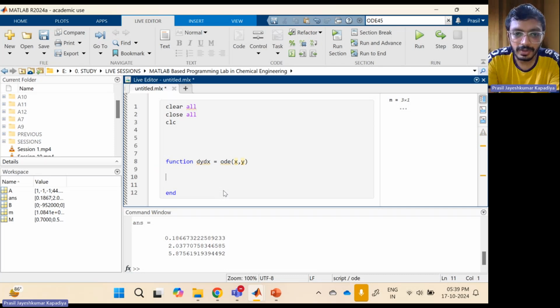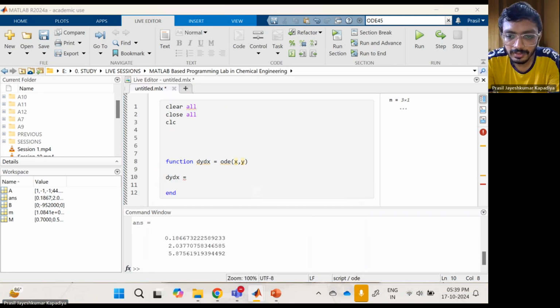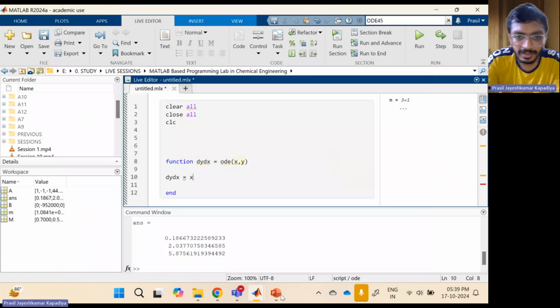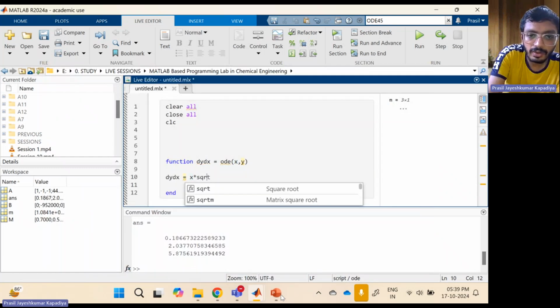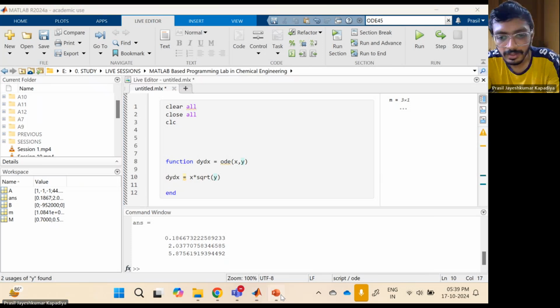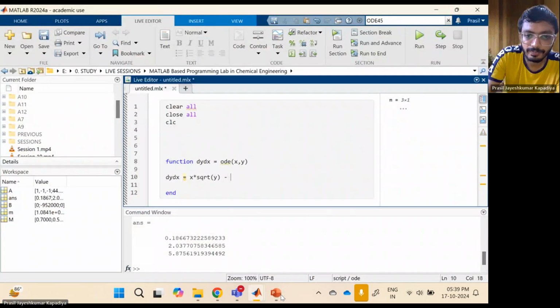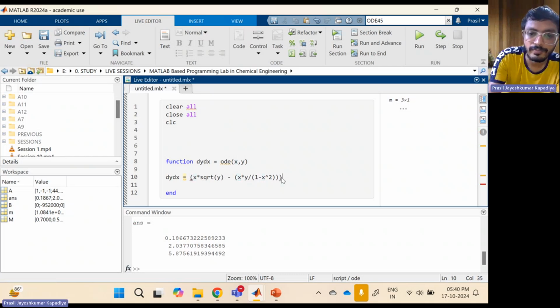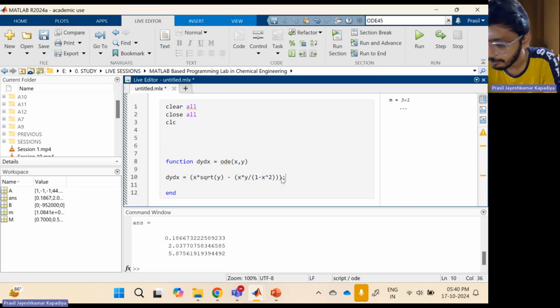My differential equation is dy dx is equal to x into square root of y minus x into y divided by 1 minus x square. So this is my dy by dx. This is my ordinary differential equation.